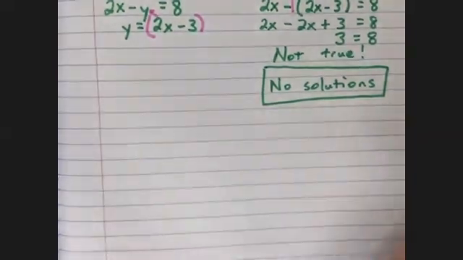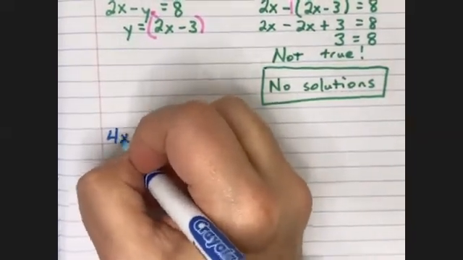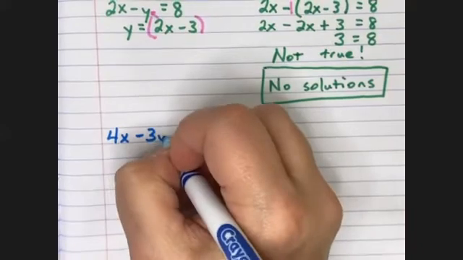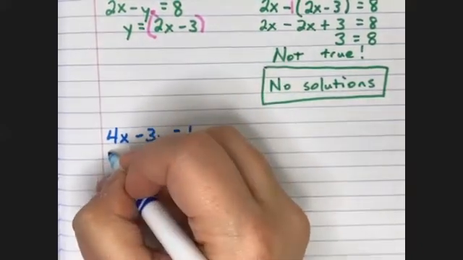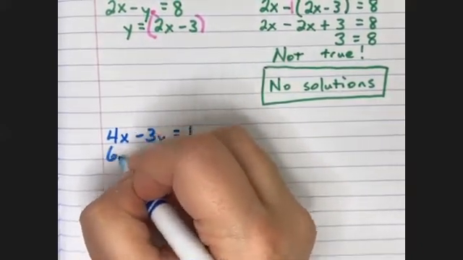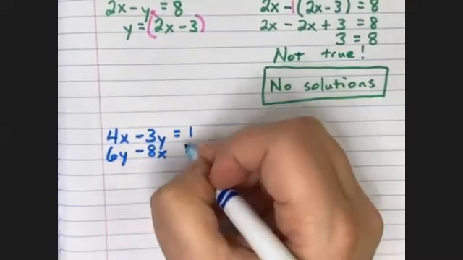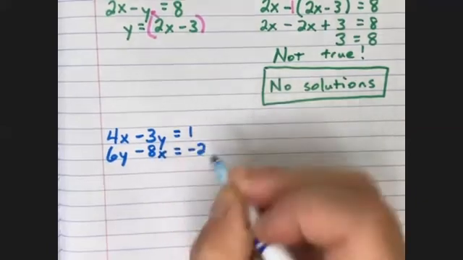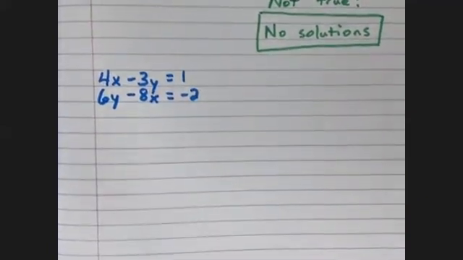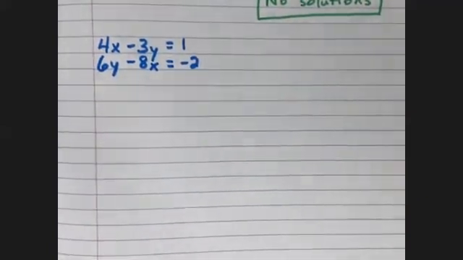Now, if I have this, 4x minus 3y equals 1, and 6y minus 8x equals -2. And you notice that they switched the order of the x's and the y's, so be careful.